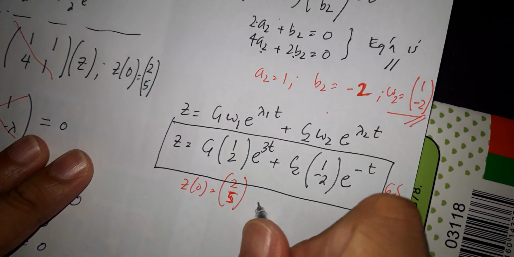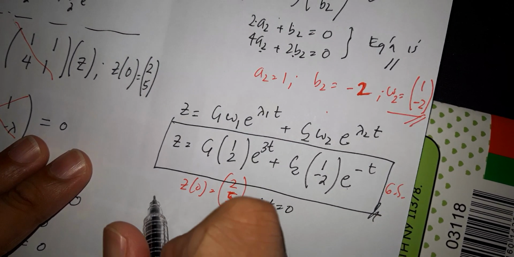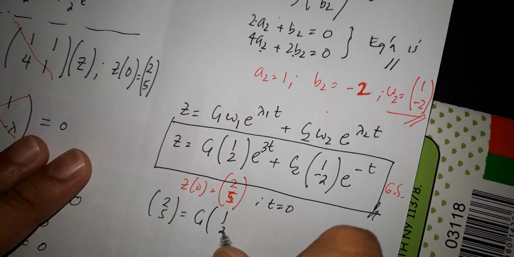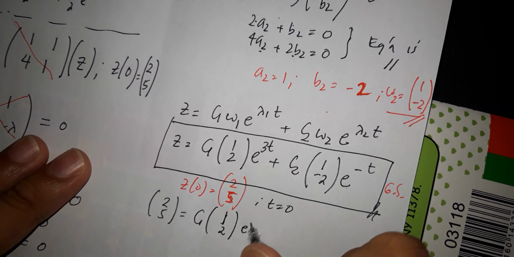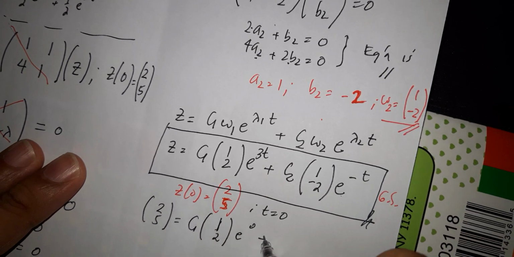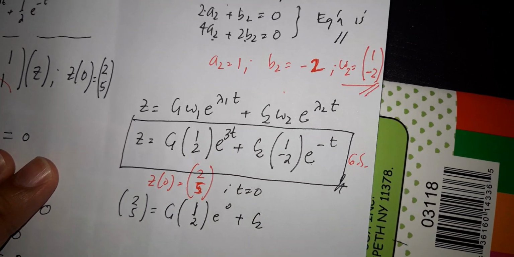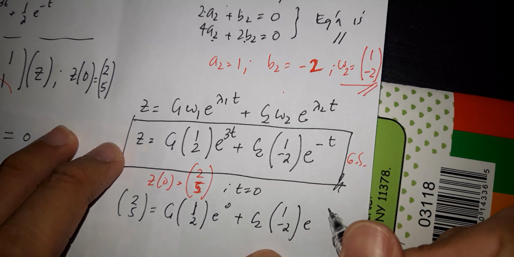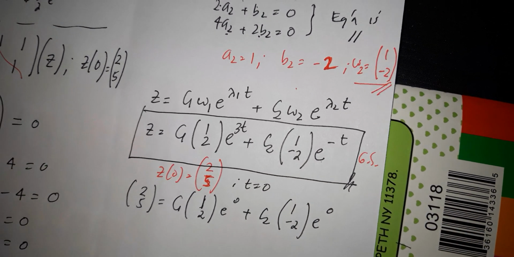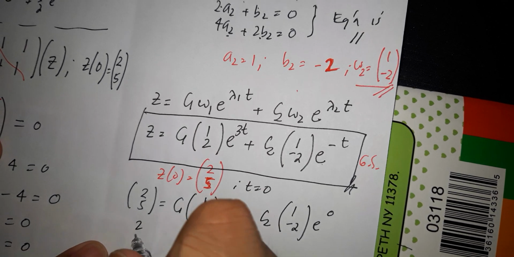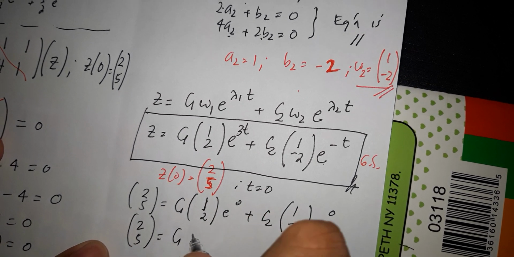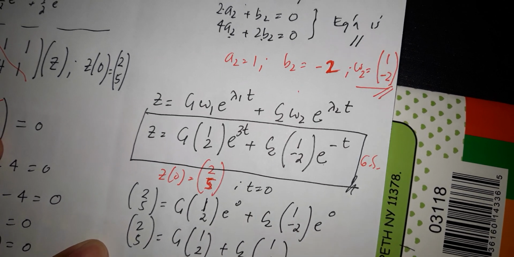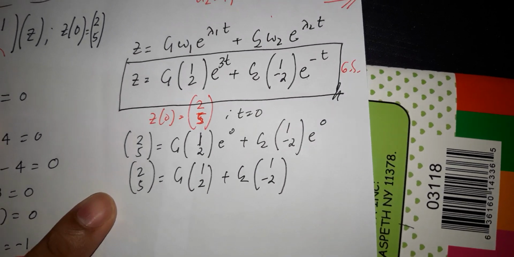When t is 0, that's 2, 5 equals C1, 1, 2, e to the 3 times 0 is 0, plus C2, 1, negative 2, e to the negative times 0 is 0. So you have 2, 5 equals C1, 1, 2 plus C2, 1, negative 2.